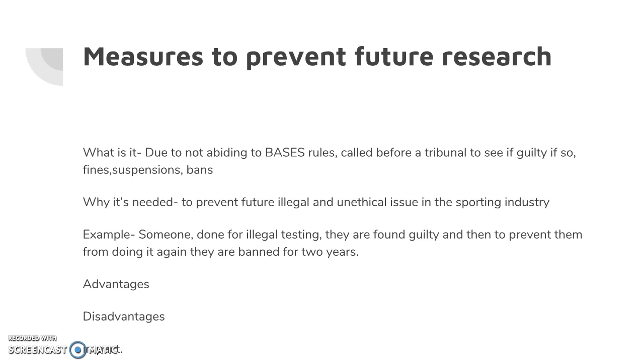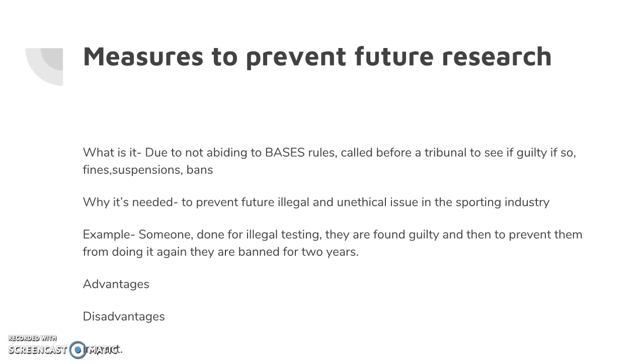Again, an example is someone who has been testing for steroids when they're not supposed to be because they haven't mentioned it in the informed consent, then they are found guilty, and due to this they try and prevent them from doing it ever again by banning them or fining them.